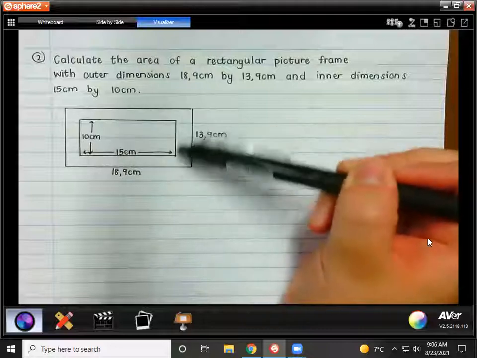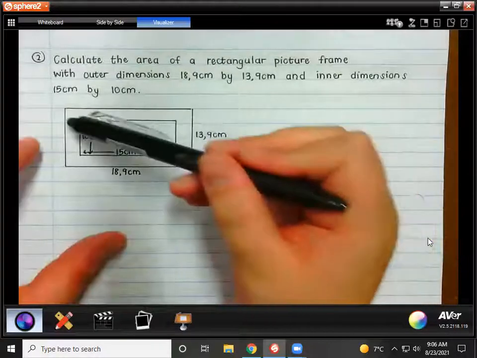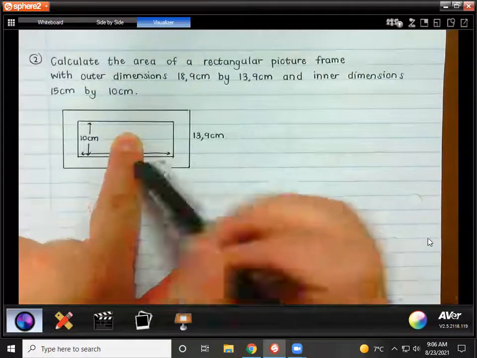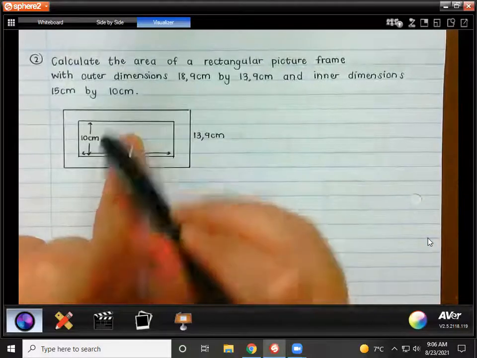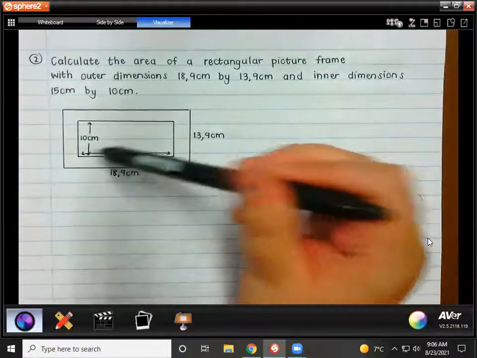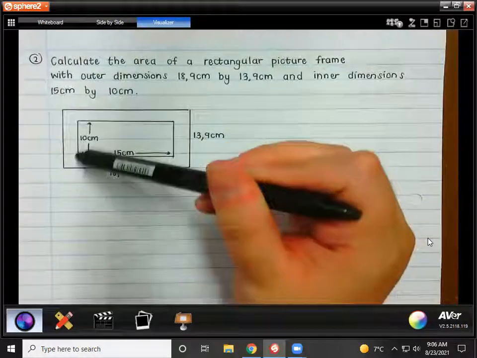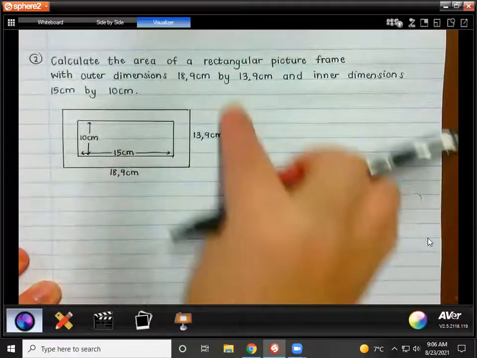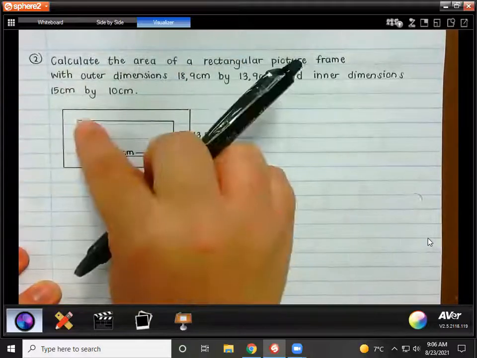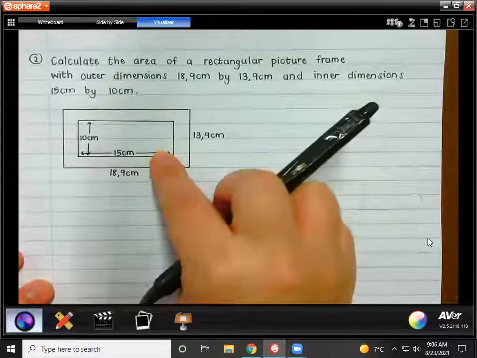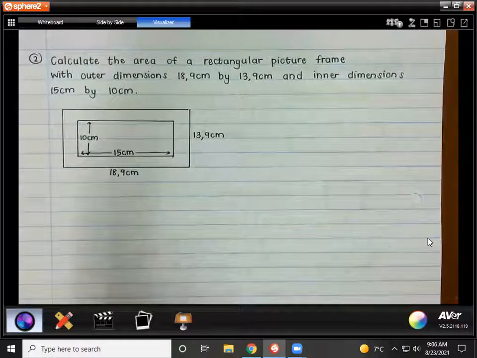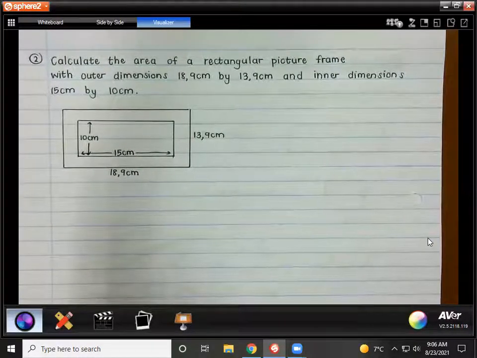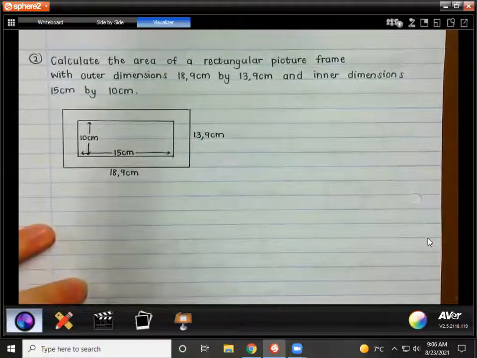Because this inner rectangle is not a part of the border. Do we agree with that? And to find this, we have that length, 15, and that breadth, 10. So what am I going to do? I'm going to do the area of the big rectangle, and then I'm going to minus the area of the small rectangle, and I will be left with the area of the picture frame. Okay, so let's write that down, guys.